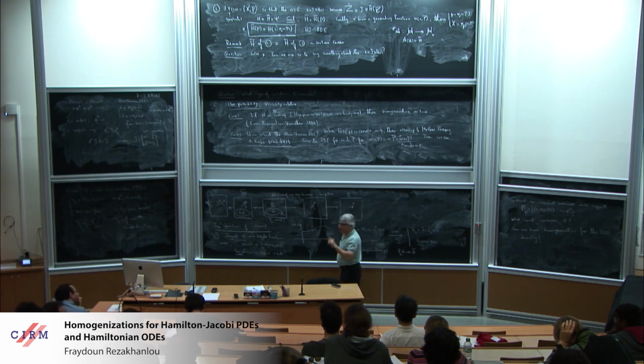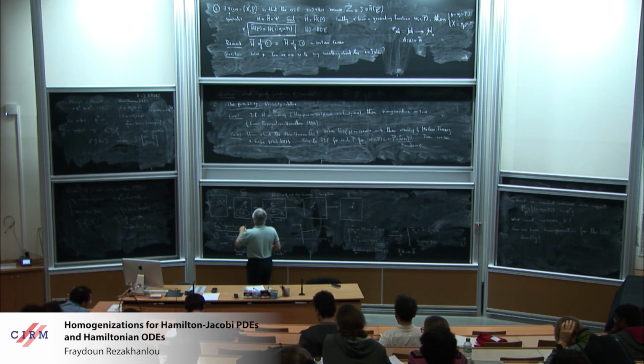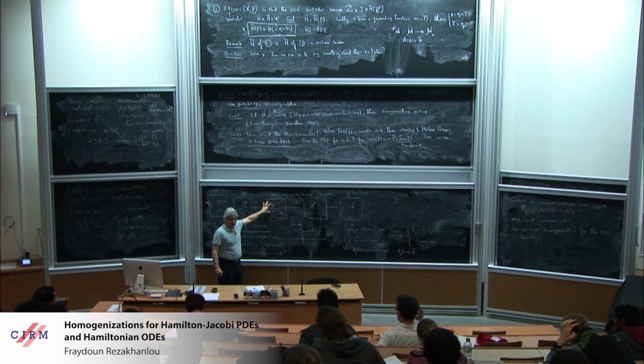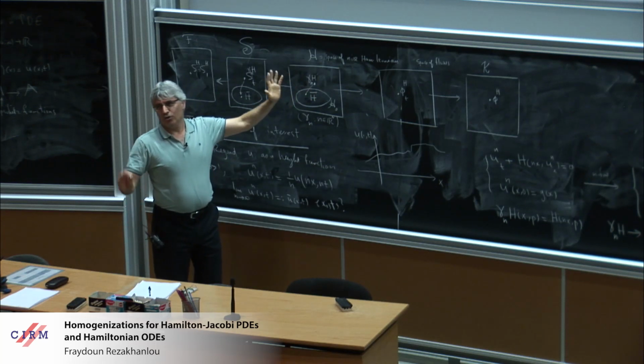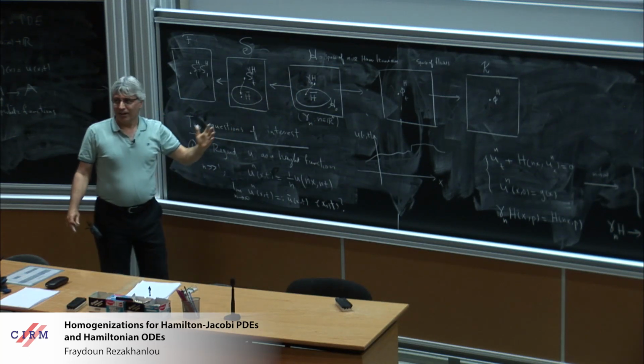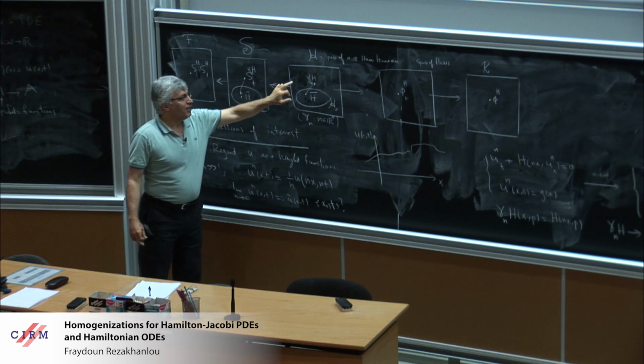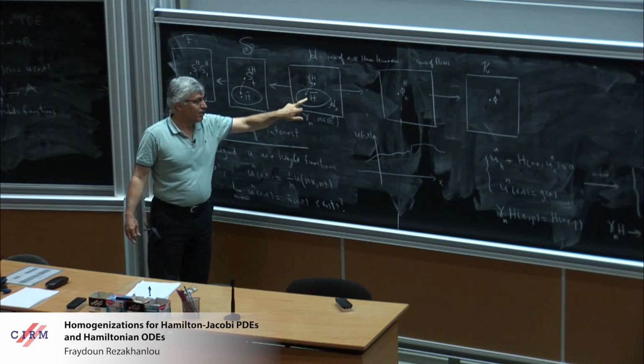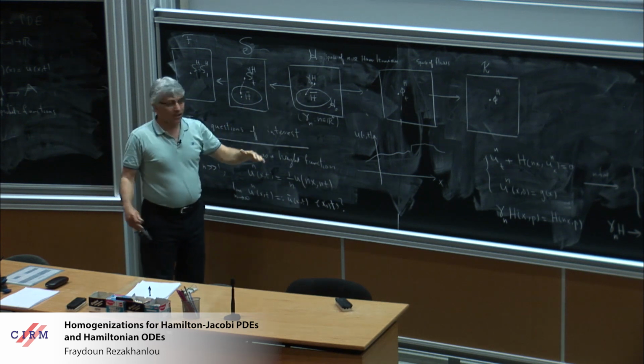Okay, so let's go back here. You see, you have here gamma n. This is a group that is acting on a space of Hamiltonians. Pointwise, this has no chance to converge. However, in a kind of artificial way, I can define a topology here that would say that homogenization means that this converges to H bar. What is the topology?